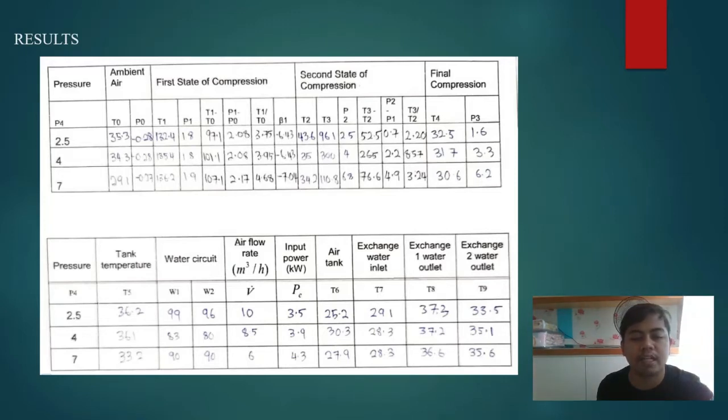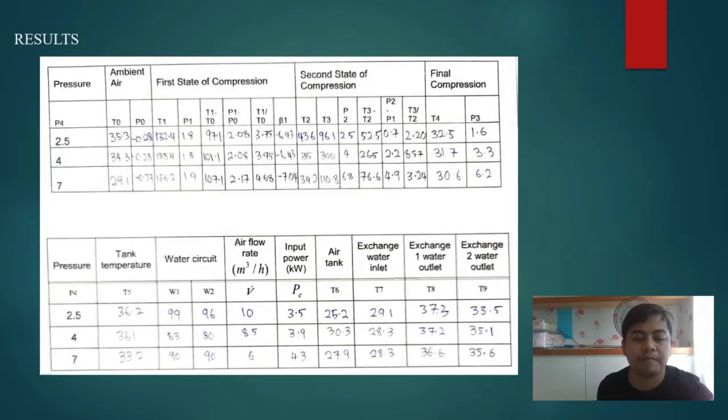Okay, for the result, I will explain about the journey of air from the atmosphere until the storage tank. We look at pressure at 2.5. Firstly, the air from the atmosphere enters the first stage compressor with T0 at 35.3 degrees Celsius.